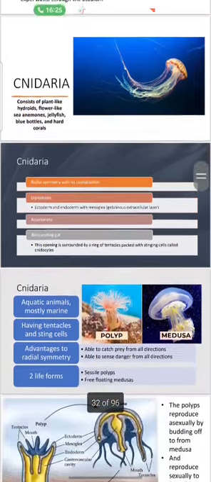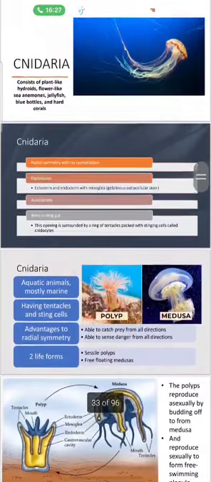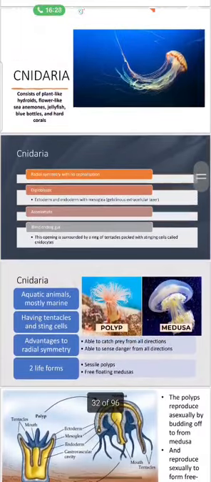Cnidaria consists of plant-like hydroids, flower-like sea anemones, jellyfish, bluebottles, and hard corals. Just some included. So, Cnidaria: radial symmetry with no cephalization. They're diploblastic, ectoderm and endoderm with mesoglea, which is a gelatinous extracellular layer.